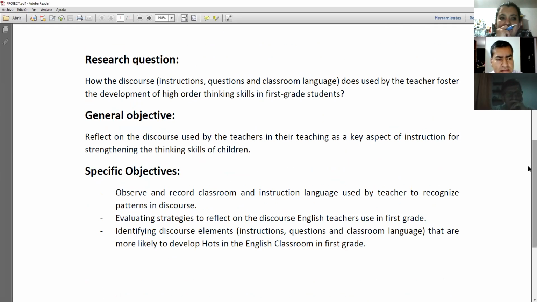So I would say, how does teachers' discourse? Okay, but we mean only instructions, questions, and classroom language. Only those three aspects of discourse. Yeah, that's fine. Used by the teacher, foster the development of high order thinking skills in first grade students. We explain what the HOTS are, what the high order thinking skills are, in the explanation of the topic.